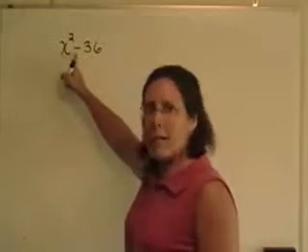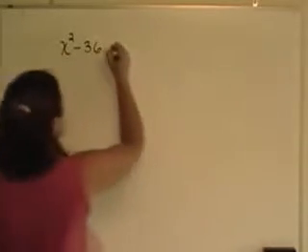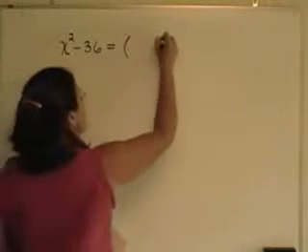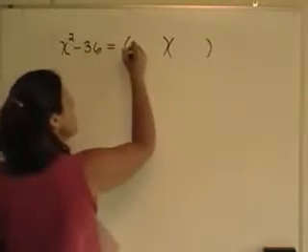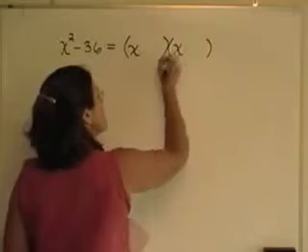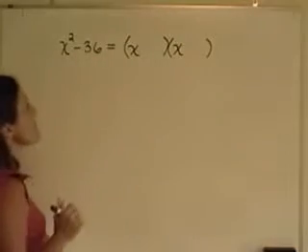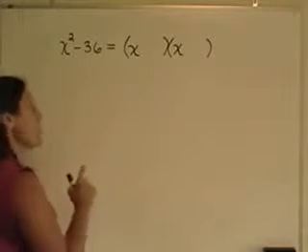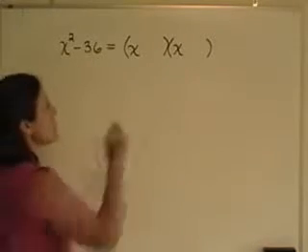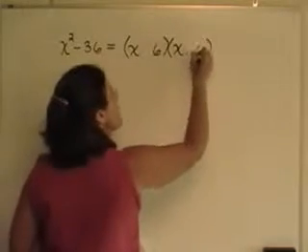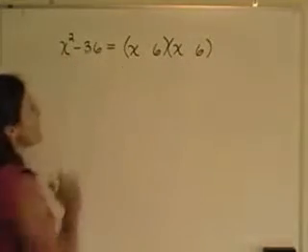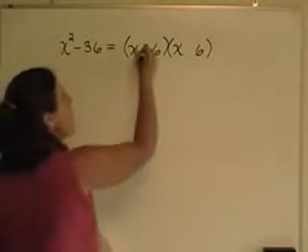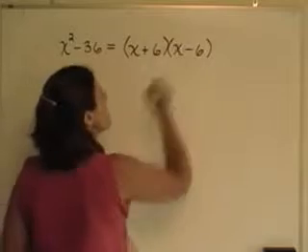There must be a minus sign between these 2 terms, and you should expect that you can factor it into the product of 2 binomials, where the first term must be an x in each, because that product will give us x squared, and the next term in each of these binomials will be exactly alike. It will be the square root of 36, which is 6, because I want those 2 numbers to multiply to be 36. I'll put a plus sign in one of these, a minus sign in the other.